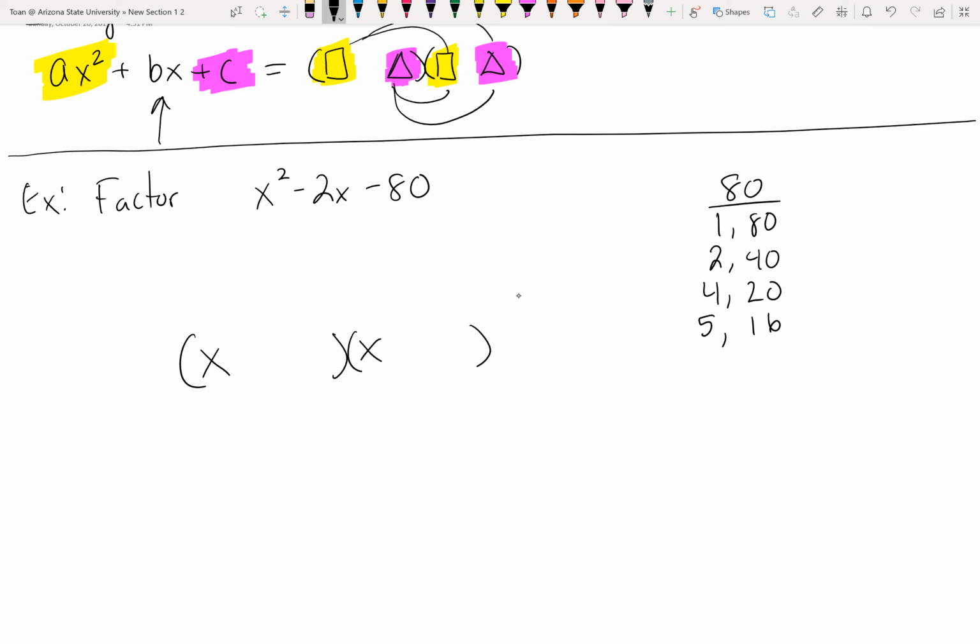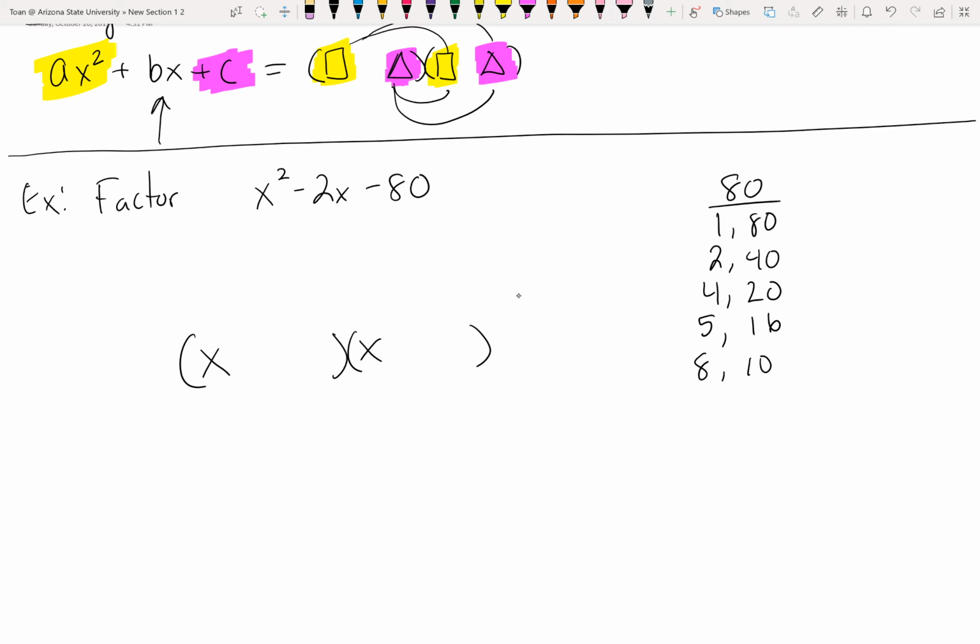That's 16. 80 divided by 6 doesn't work. 80 divided by 7 doesn't work. 80 divided by 8, that does work. 80 divided by 9 doesn't work. Next, I would test 80 divided by 10. But since I've already written down a 10 here, that means I can stop. You know you can stop pairwise factoring when you've gone full circle.